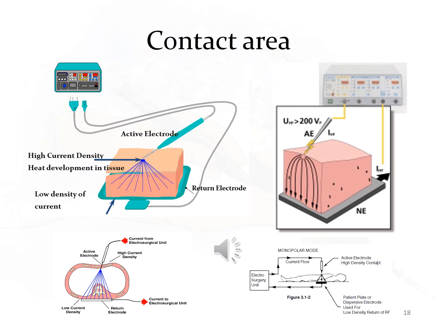The contact area between the patient return electrode and the patient's skin is large, which means that the current density is fairly low. The active electrode, on the other hand, has only a small contact area and the current density is consequently very high.